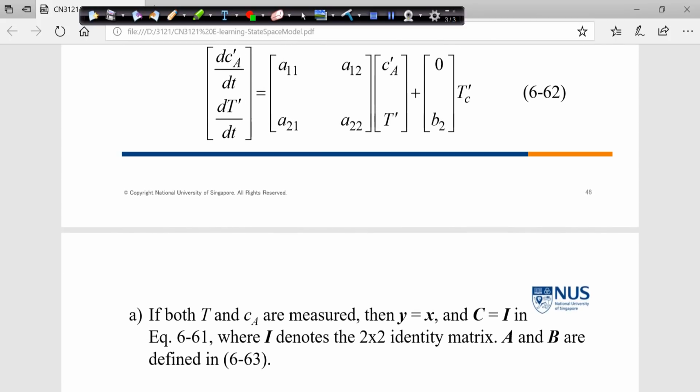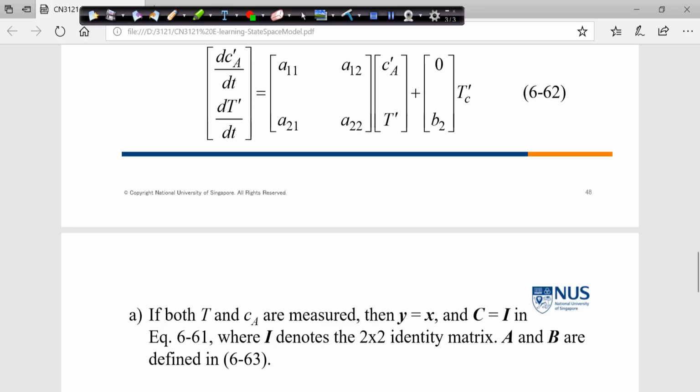If we say both T and CA are measured, then we have this Y, the measured vector, to be exactly the same as X. So this is the second equation, Y equals X. If we want to write it in the state space model, then C will become just an identity matrix because Y equals identity multiplied by X. If we recall matrix operation, this I denotes a 2 by 2 identity matrix because X has the dimension of 2 as well.